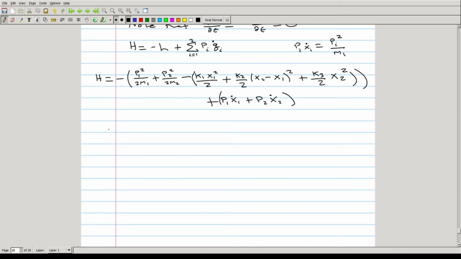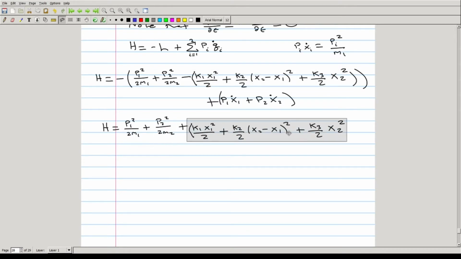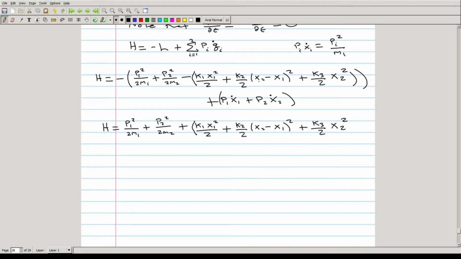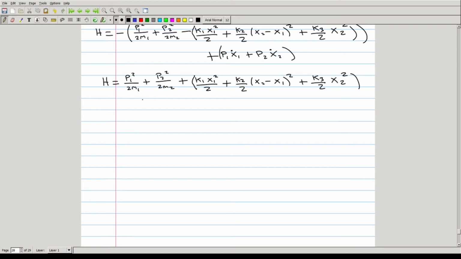So this entire thing then simplifies to p1 squared over 2 times m1 plus p2 squared over 2 times m2 plus this entire expression right here, which you'll notice is just the total energy in the system.